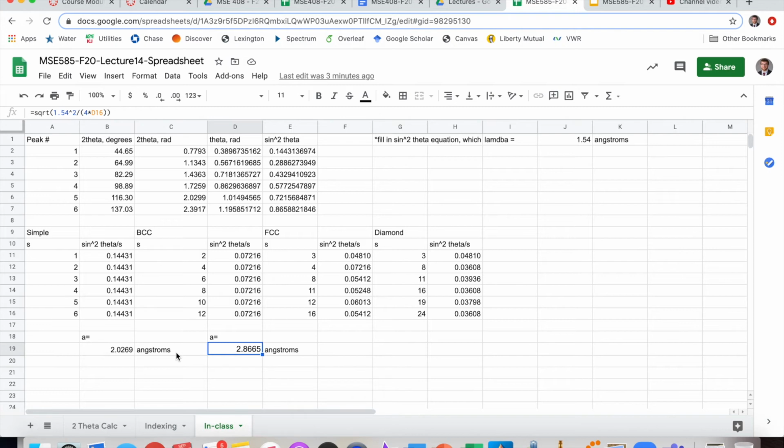What I want you to do is take a minute or so, pause the video, and go to table 5 in Cullity, the one I have a PDF of, and see if either of these values match up for any elements, simple or BCC, with the respective values, and see what kind of matches we can get. And when we come back, I will show you what I've got.